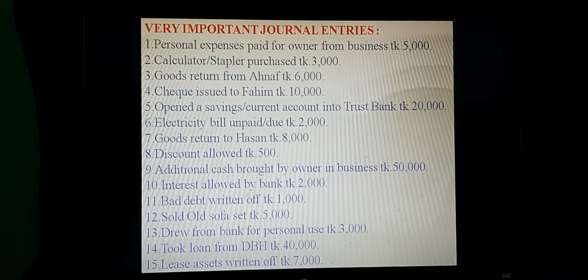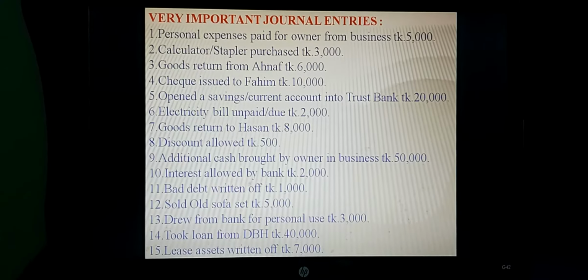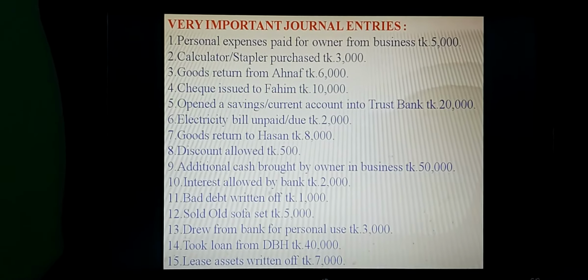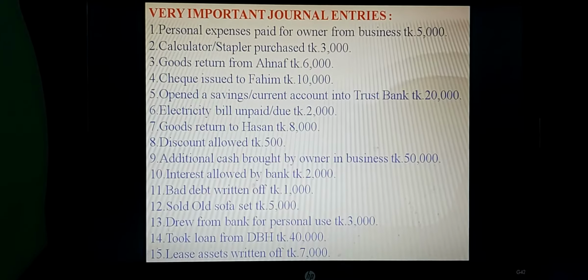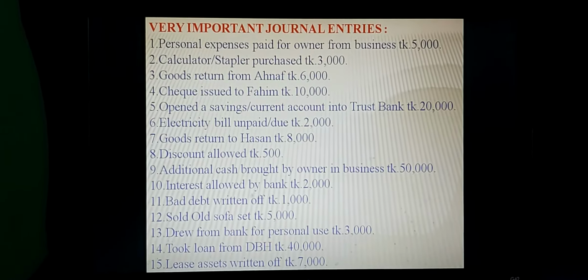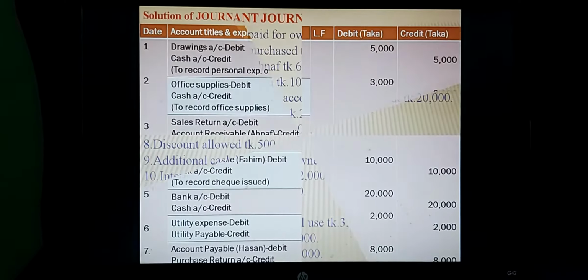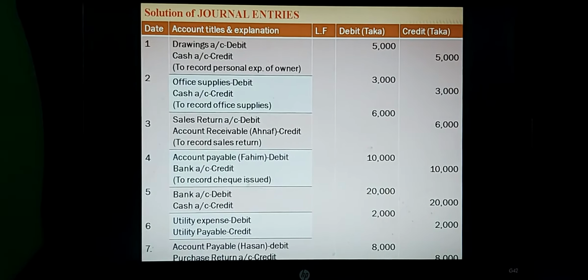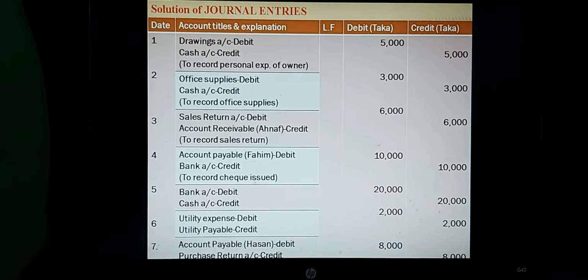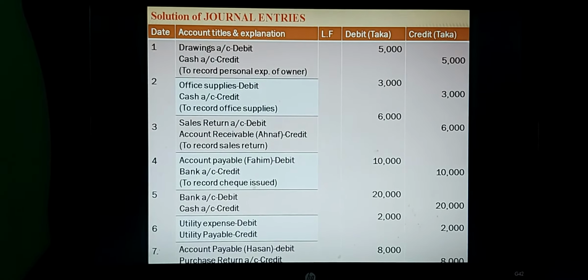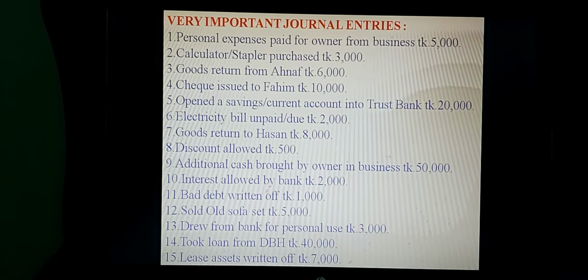For this transaction, you have to write for determining debit and credit, also for journal, office supplies account debit, cash account credit, for taka 3,000. Okay, you can match with the answer in next page. Office supplies account debit, cash account credit to record office supplies.